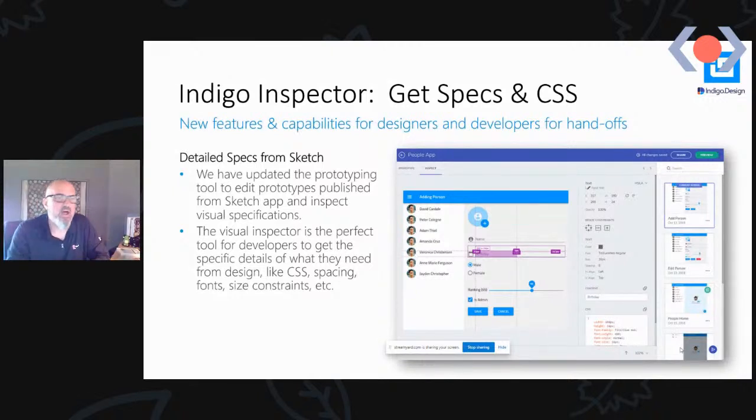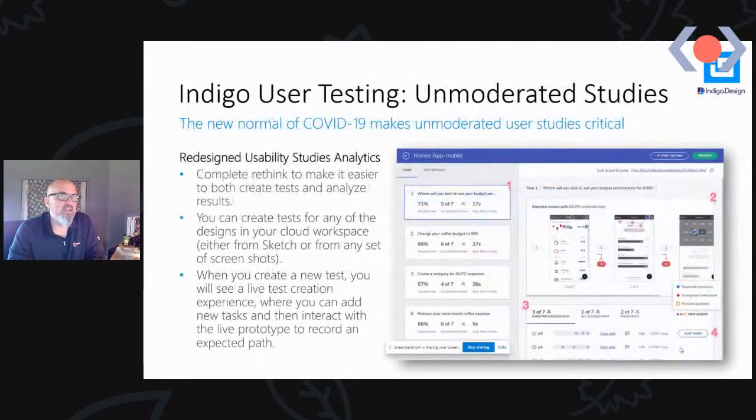So we do all that as well. It makes it super easy to get some of this design or web code from our tool into your product. We also have this concept of user testing.